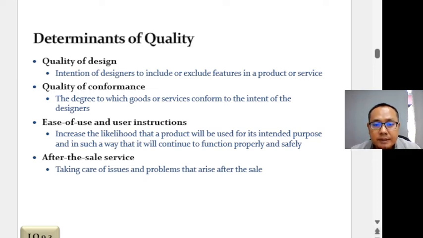Quality of design refers to the intention of the designer to include or exclude certain features in a product or service. For example, many different models of automobiles are on the market today. They differ in size, appearance, roominess, fuel economy, comfort, and materials used. These differences reflect choices made by designers, choices that determine the quality of design.